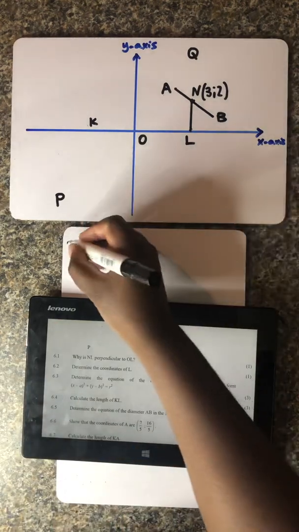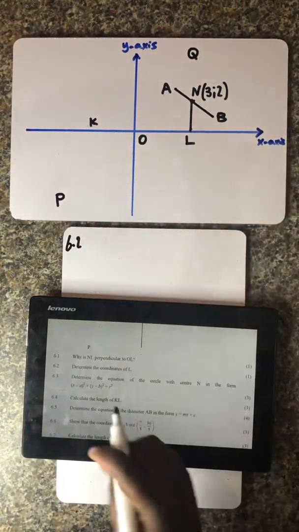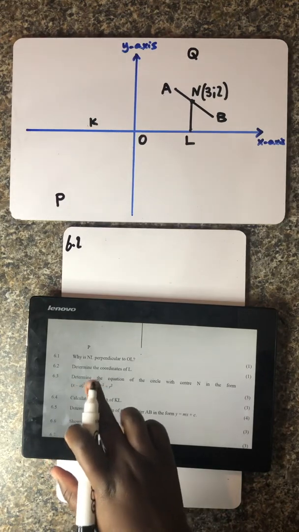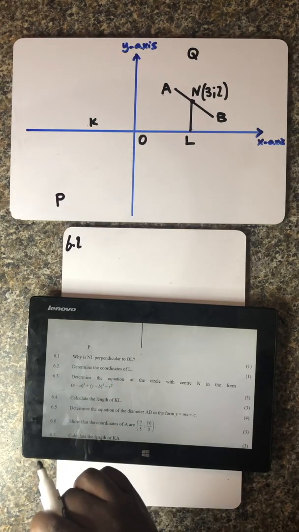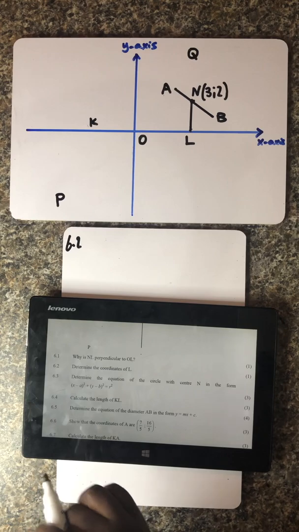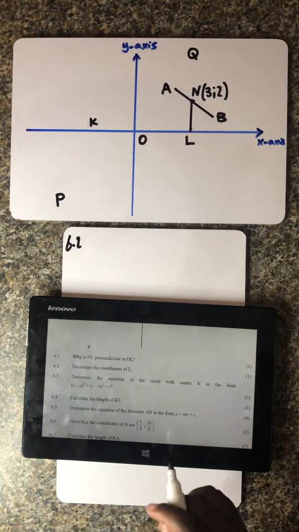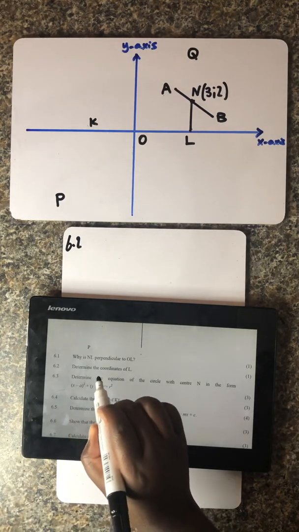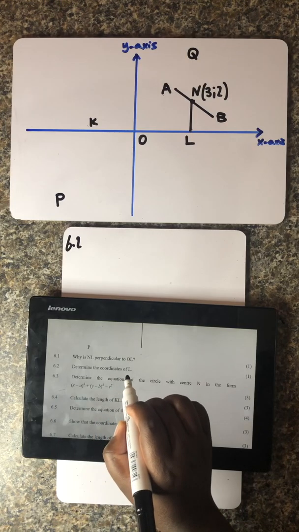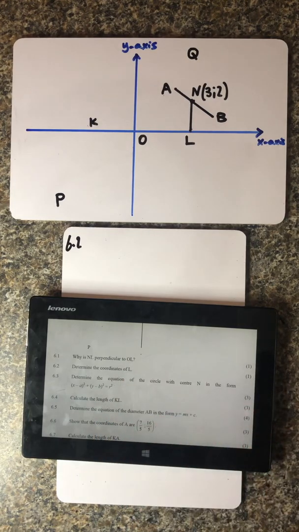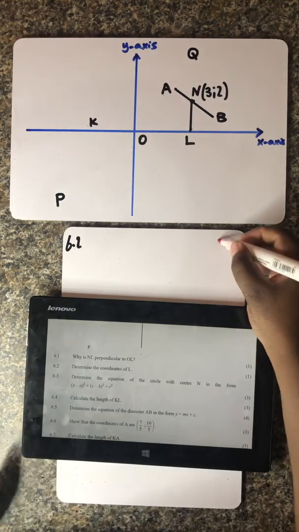6.2, they say, determine the coordinates of L. Okay, an interesting question, ladies and gentlemen. Determine the coordinates of L. And again, this question is allocated 1 mark.